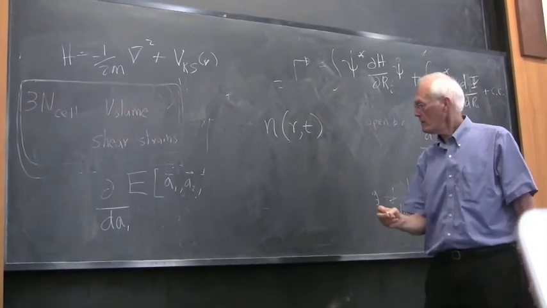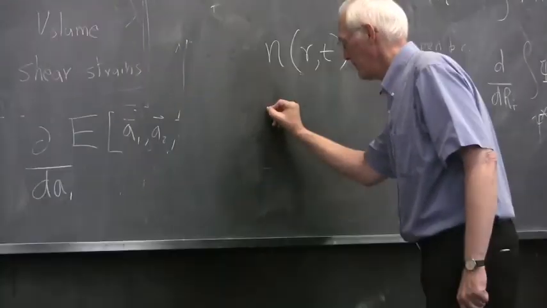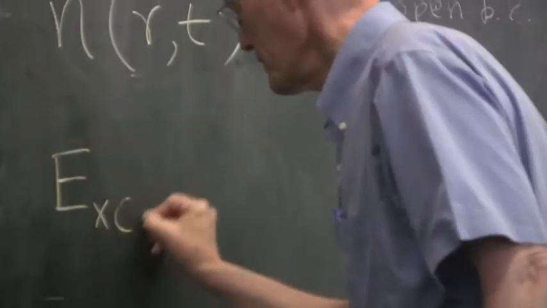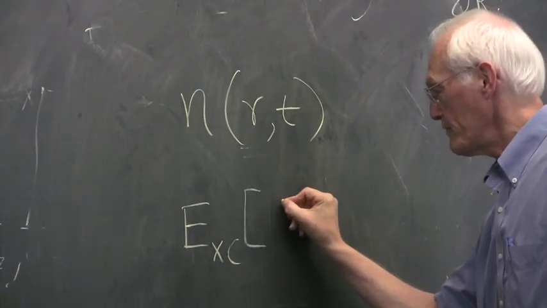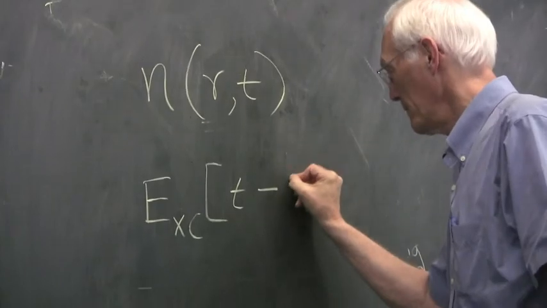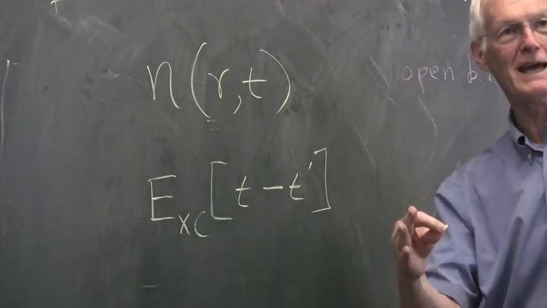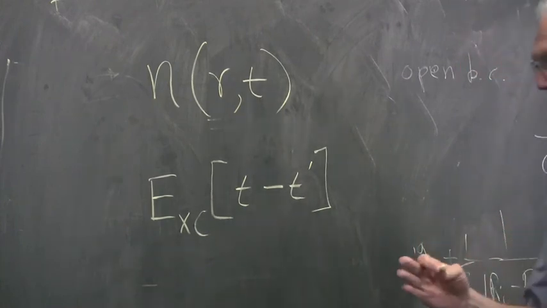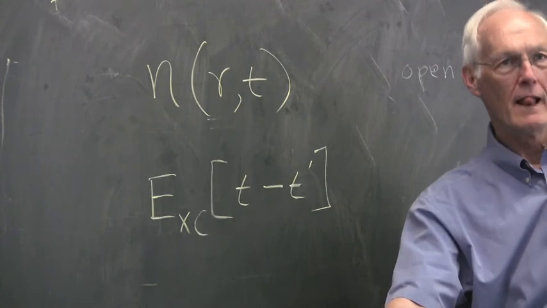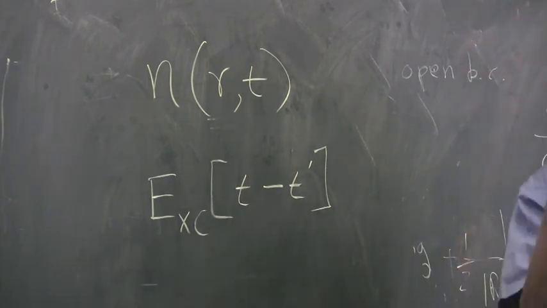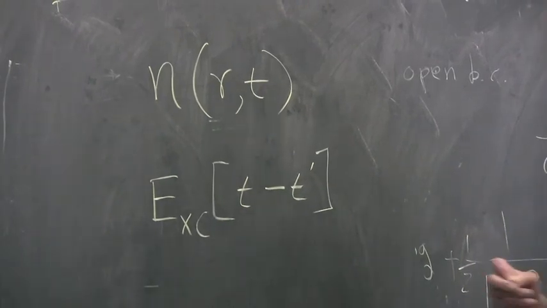And if we talk about anything else, like the exchange correlation functional, in principle it's a function of the time difference, because it can't depend on time per se, but it can depend upon the difference between two times. Right? So we've divided it up and probably used the words in a confusing way, I think. Probably everybody does.